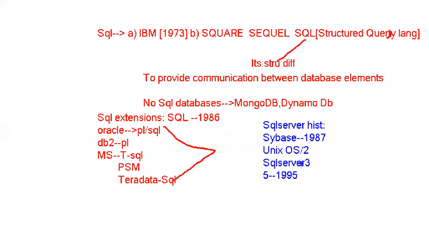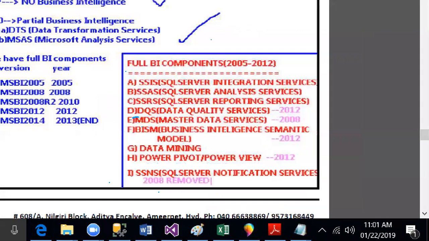Now, there are many SQL Server versions. Many available, not one or two. SQL Server 1, 2, up to SQL Server 7. Till SQL Server 7, no business intelligence.